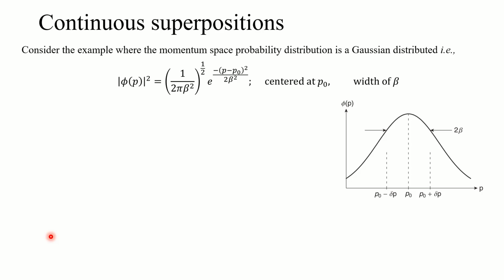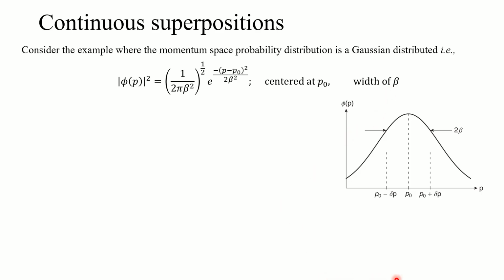Let's consider the case where the probability distribution of our momentum is Gaussian distributed. So i.e. the probability of measuring that particle with that given momentum is Gaussian distributed, centered at some central momentum p naught, and has some width of beta.